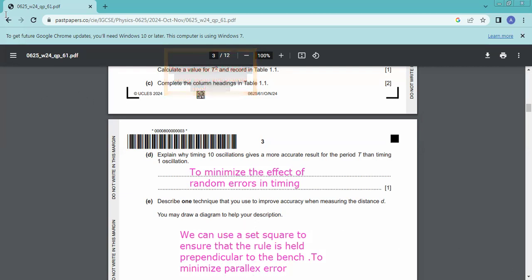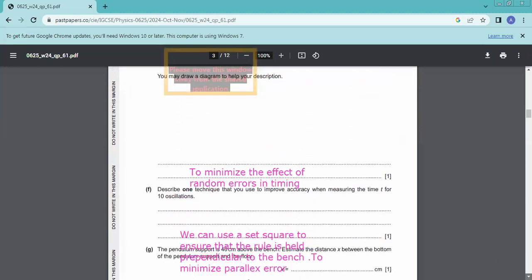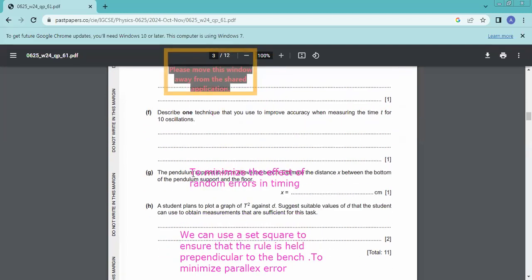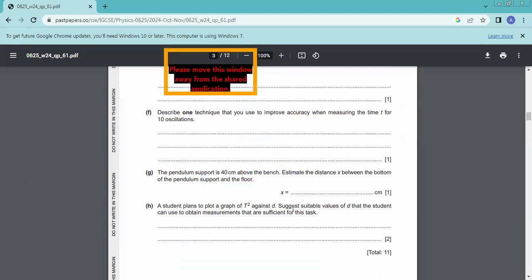Now, moving on to the next part, F. Describe one technique that you use to improve the accuracy when measuring the time for the 10 oscillations.